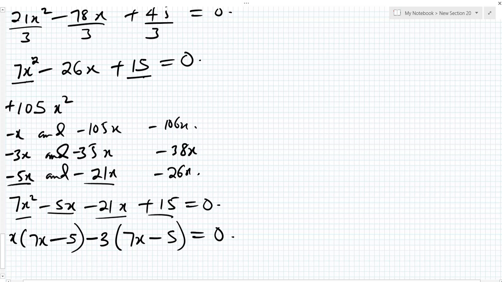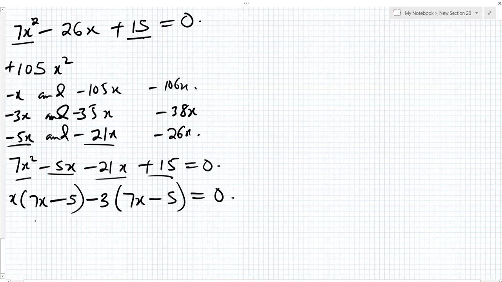So now we have a common factor here. The common factor here is 7x minus 5. So if I factor this out, using 7x minus 5 to divide this first term, you are left with x.